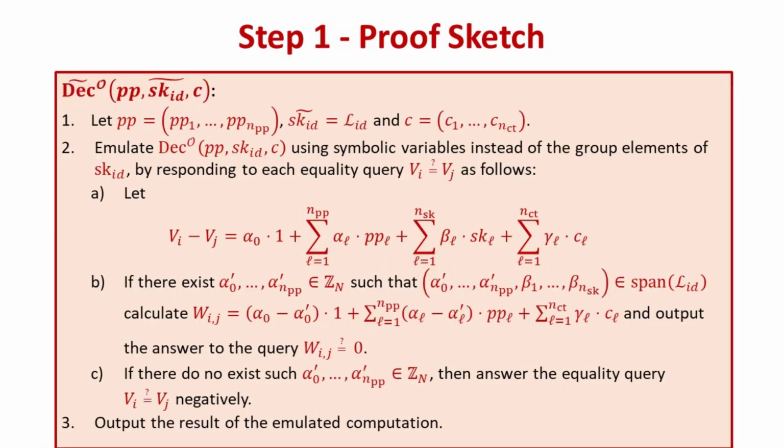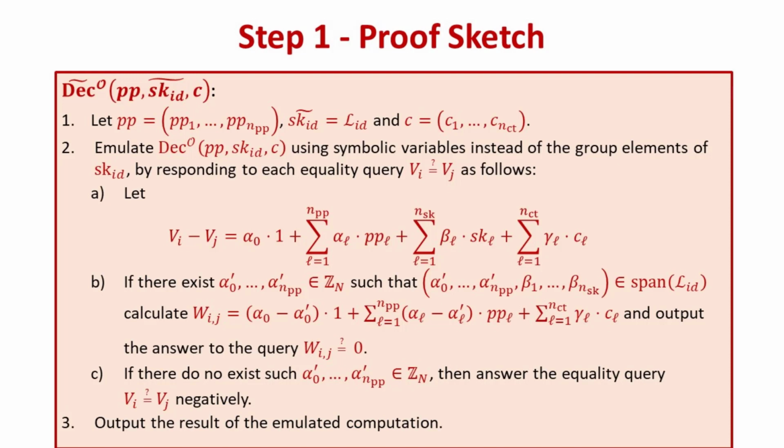Now let's look at our modified decryption algorithm. As we mentioned before, it emulates the scheme's decryption algorithm using symbolic variables instead of the group elements included in SKID. Specifically, whenever it encounters an equality query ij, it first expresses the difference between corresponding group elements vi and vj as a linear combination of the symbolic variables and of the actual group elements that are given as input.